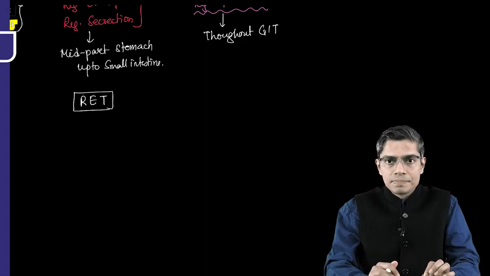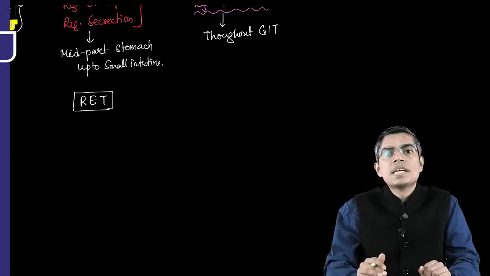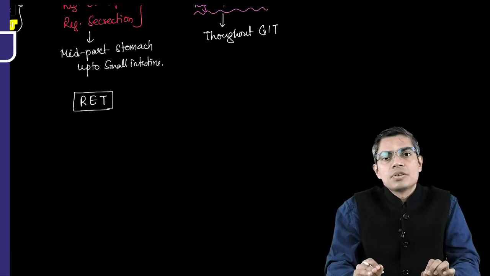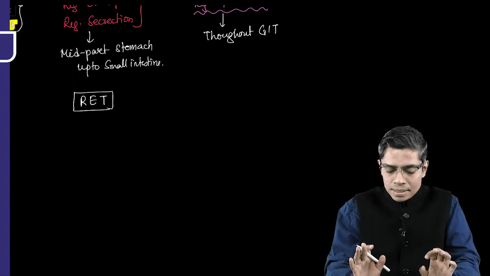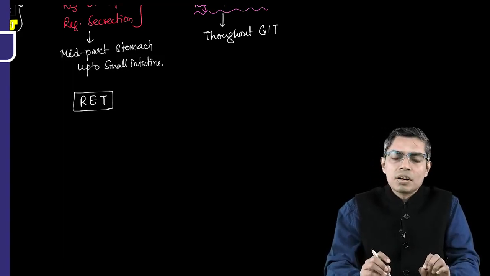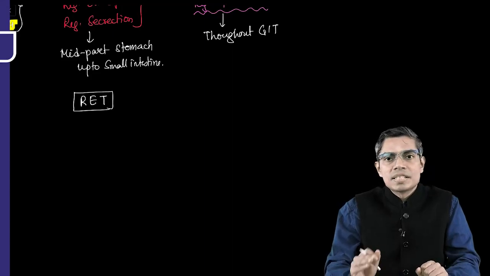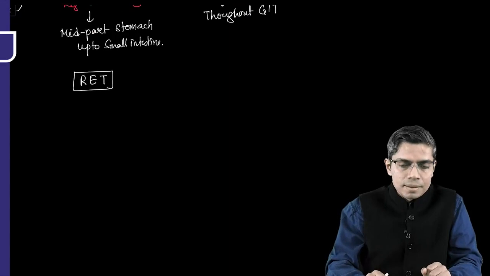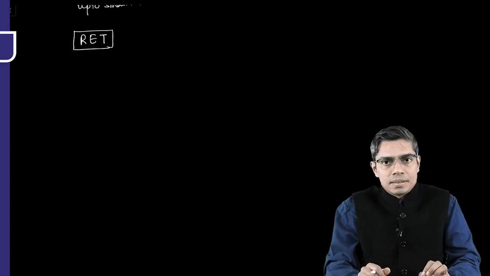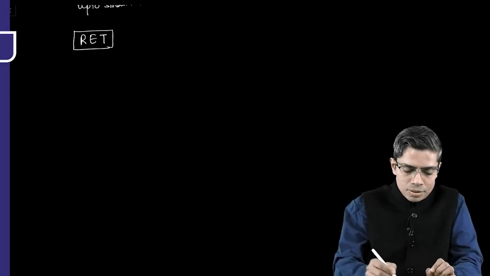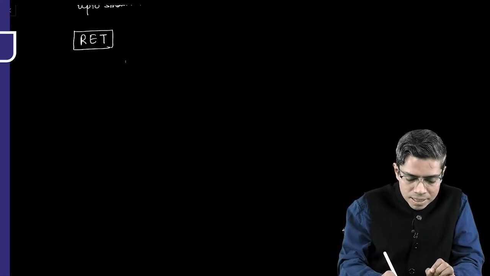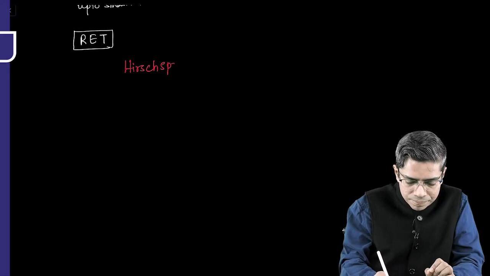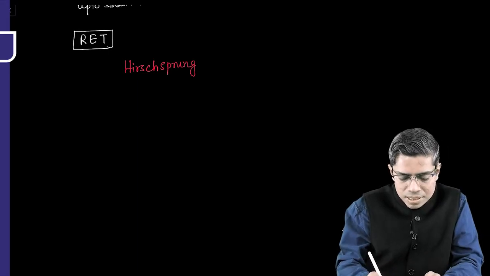So this gene codes for a protein which is nothing but a tyrosine kinase receptor. If there is a mutation of this gene, then neural migration will be defective and there will be a very severe type of congenital disease which all of you know, that is known as Hirschsprung disease, right?